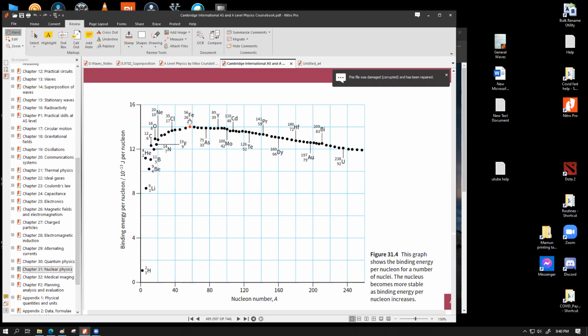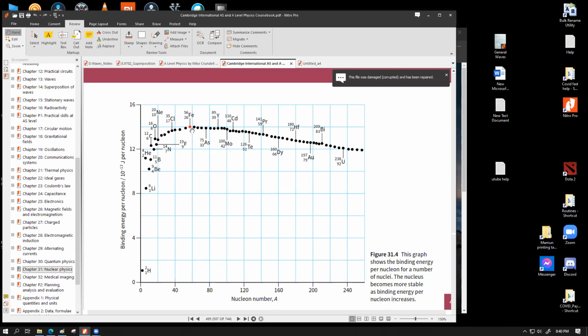From left to right, if you slowly observe, from the very beginning all the way up to iron, the binding energy per nucleon is slowly increasing, and from iron on the further side, the binding energy per nucleon is decreasing, which means iron happens to be the most stable nucleus of all the isotopes that we human beings ever encountered.